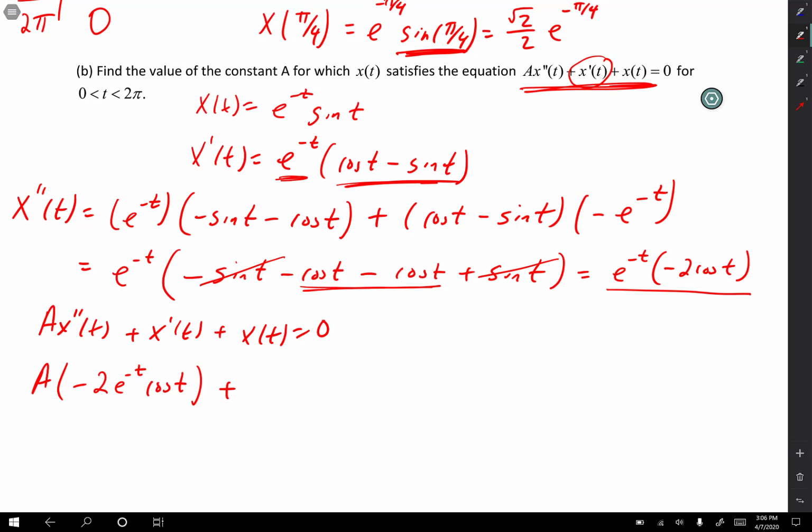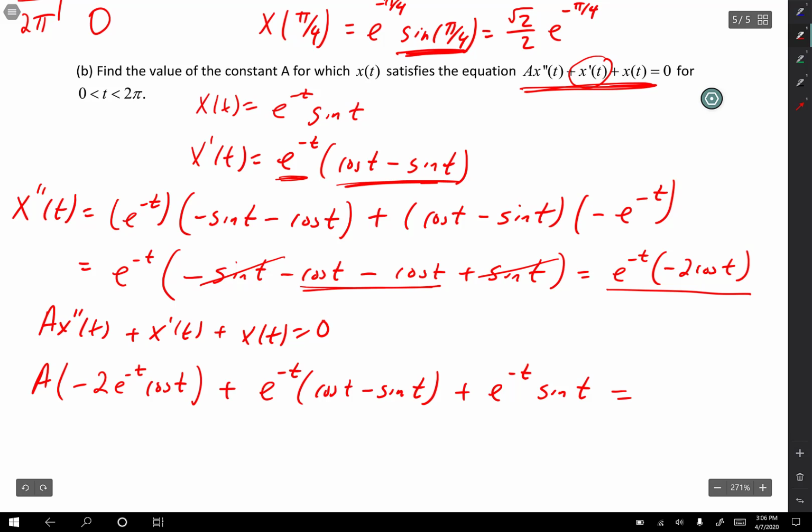I'm going to write e to the negative t cosine t minus sine t, plus e to the negative t sine t. All that equals 0. I guess I could have written negative 2a.